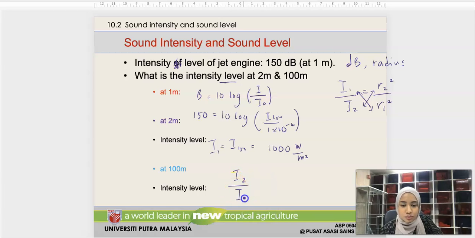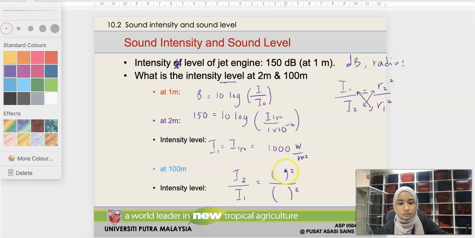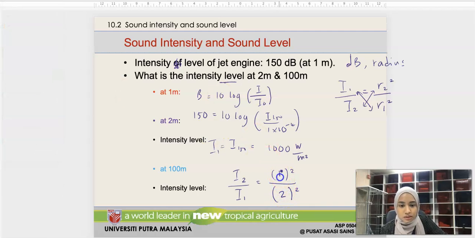So this is I2 over I1, and I said intensity is inversely proportional to its radius. So radius R1 goes here squared, radius R2 goes here squared. And I know what R1 is, it's just 1, and R2 is just 2. This is 2, this is 1.